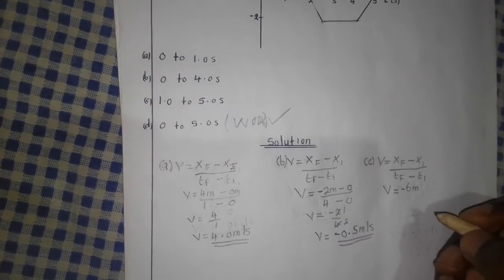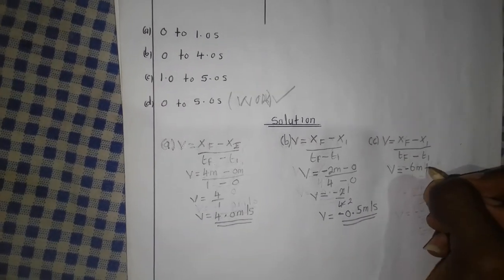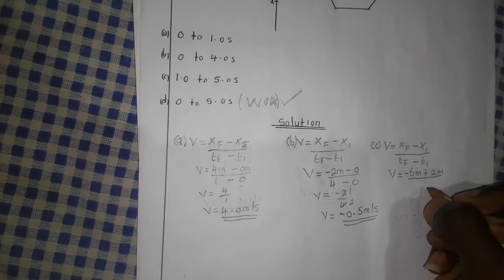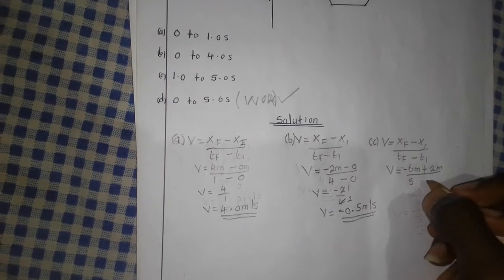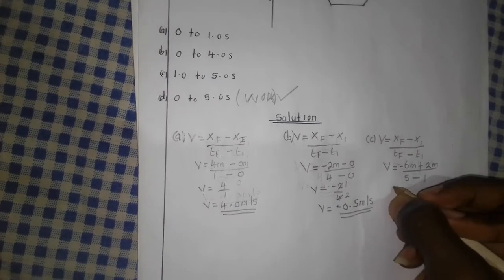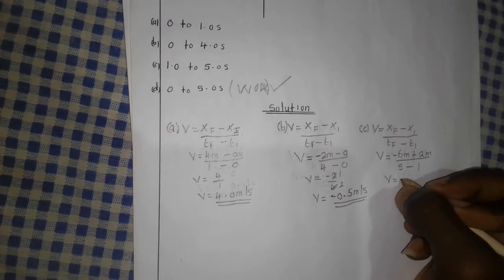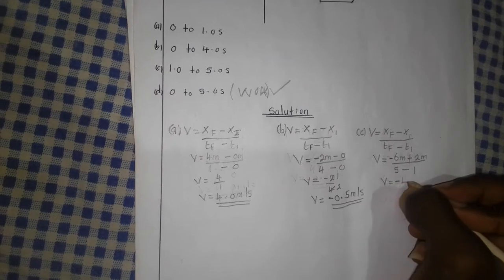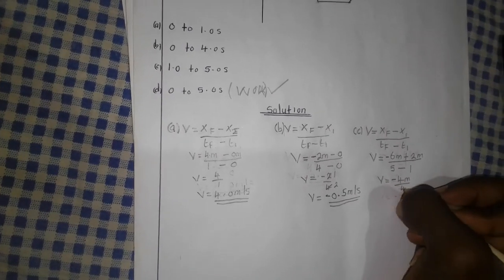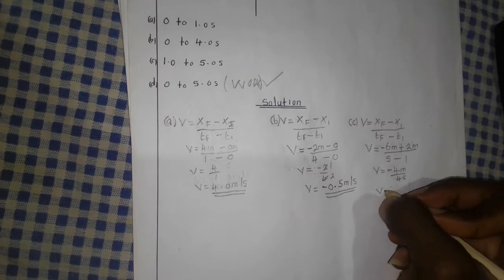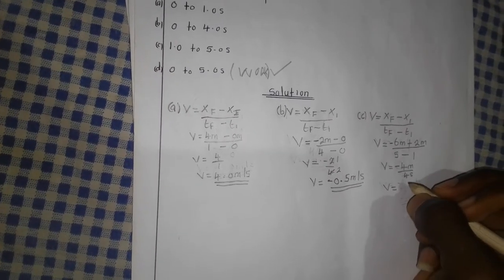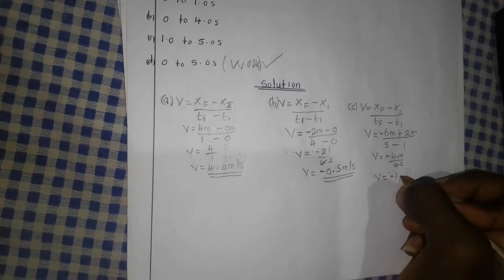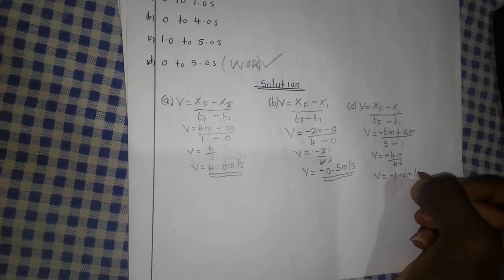Therefore, we are going to add +2 meters here. Now, what was the final time? The final time was 5 minus 1. Therefore, our velocity is going to equal -6 meters plus 2 meters, which is -4 meters over 4 seconds. And finally, our average speed is going to equal -1.0 meters per second.